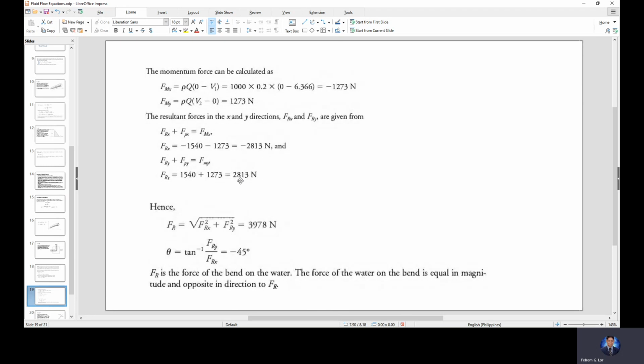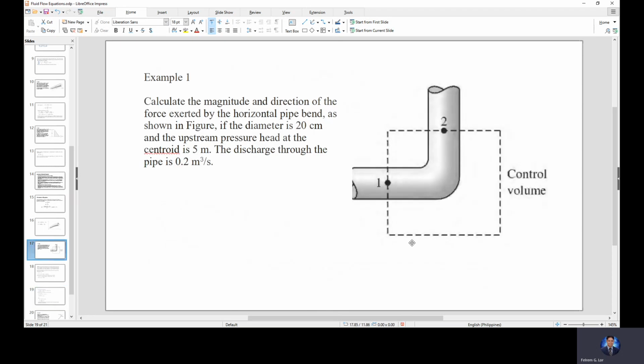So now we have the x and y components, so we can just solve for its resultant. Then the direction: they have the same value, so that's 45 degrees. Actually, it is expected to be 45 degrees. The direction of the force, where is it?